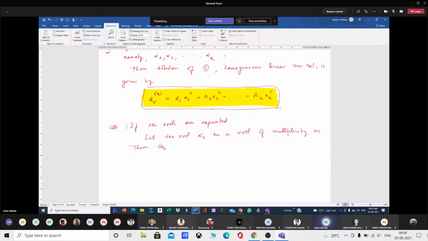Then the corresponding solution of the homogeneous equation is, I'm not going to establish this one, the procedure is the same.